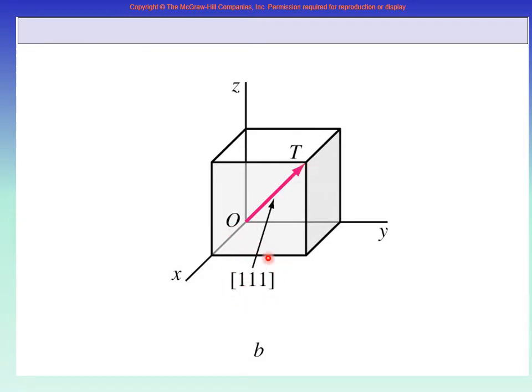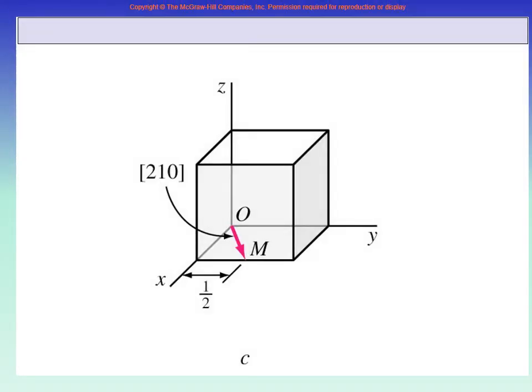But this is the direction, right? The rectangular bracket with no commas. If we were writing coordinates there, we would have the round ones, which are the parentheses, and 1, 1, 1. But when it is the direction, it is the bracket, the rectangular one, with no commas in between. So this is the direction indices for this one.